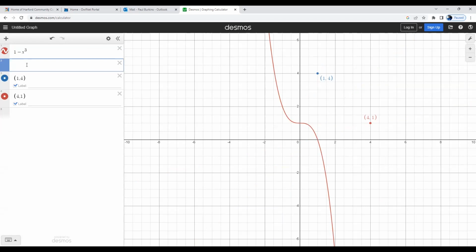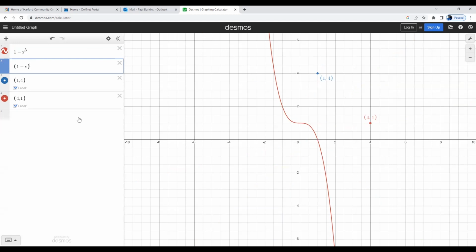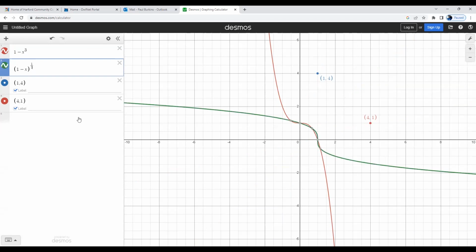So I believe it was 1 minus x. Let me just double check. 1 minus x. And then third root, I'm going to represent by doing caret 1/3. So 1/3 power means third root.